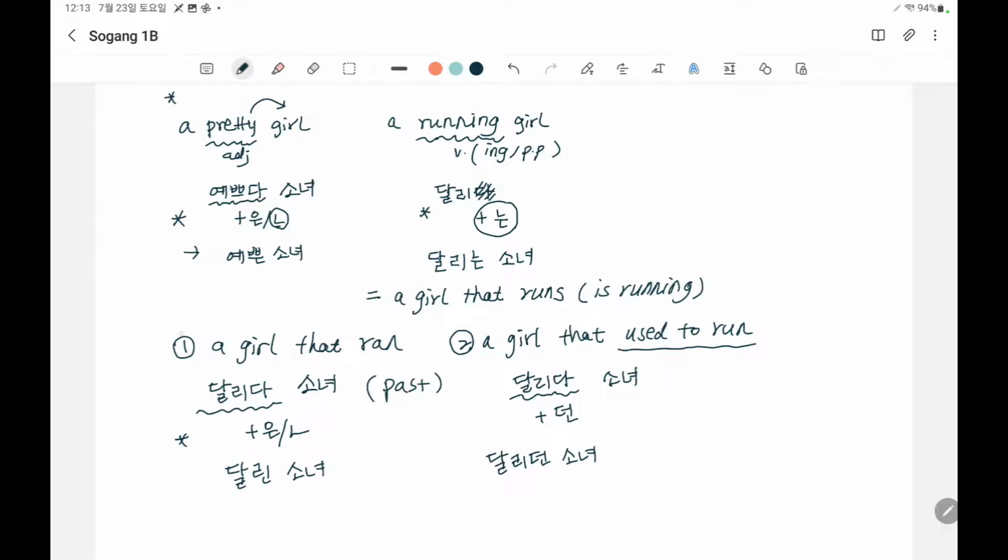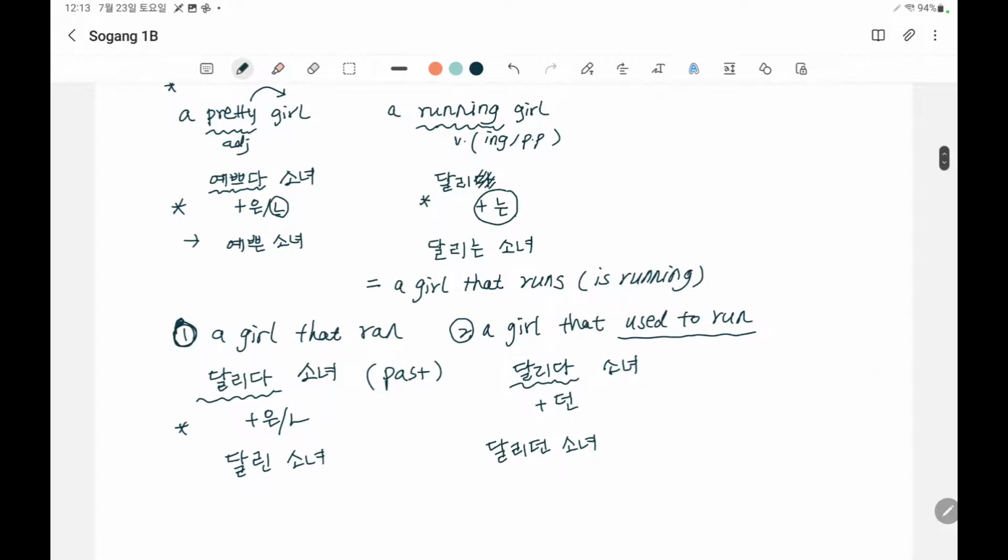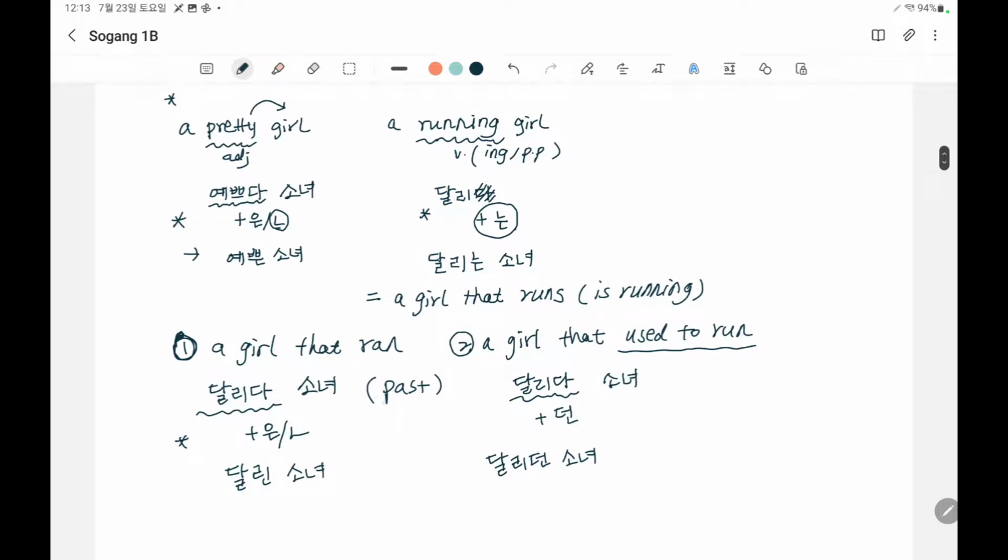My main, more important conjugation rule is this one, the first case, number 1. Okay? So how about the future tense? So this is a past tense. How about the future tense? A girl who will run. Still, we need 소녀 here, and in front of the noun, we need 달리다.